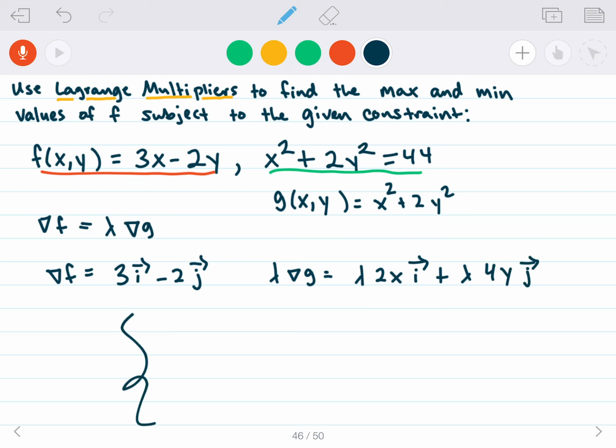So here comes our system of equations. We have 3 is equal to lambda 2x. We have negative 2 is equal to lambda 4y.